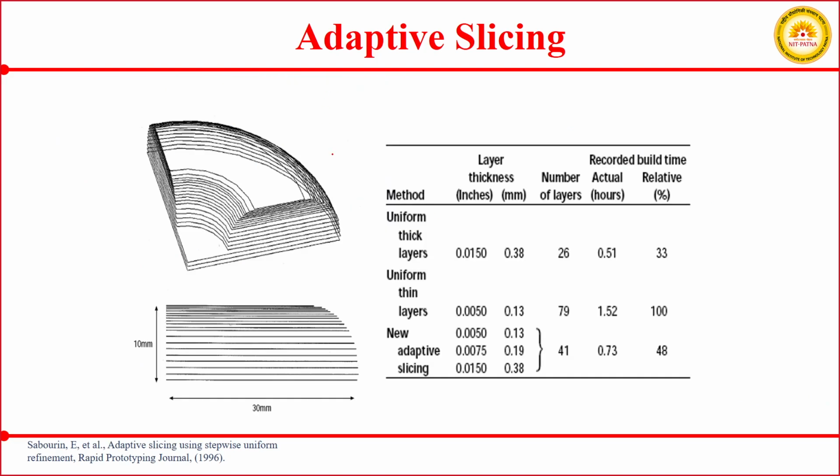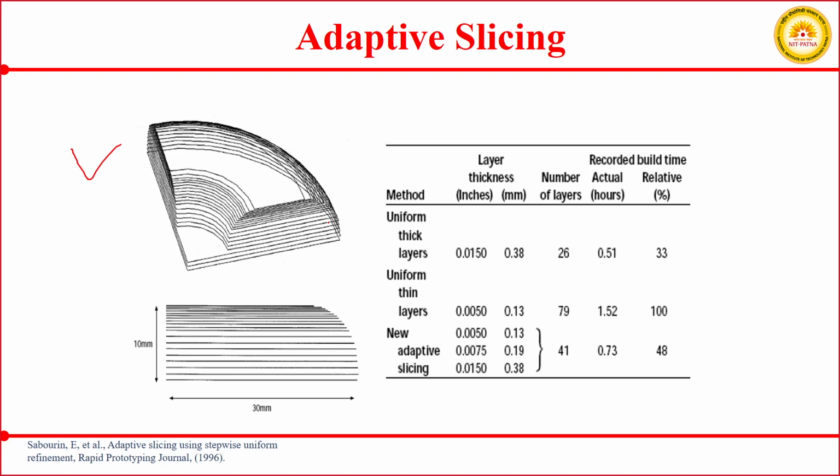Here you can see the results discussed in that paper: if you go with adaptive slicing, your surface quality will not deteriorate, and your build time is reduced. Why is the build time reduced?